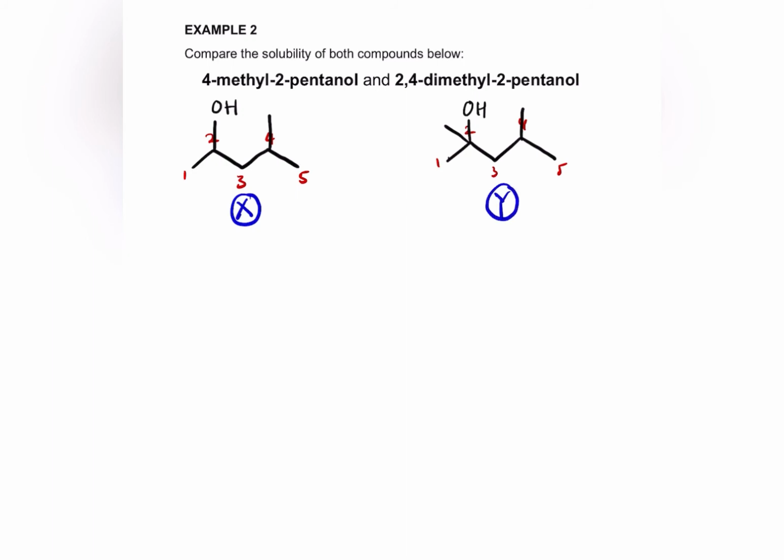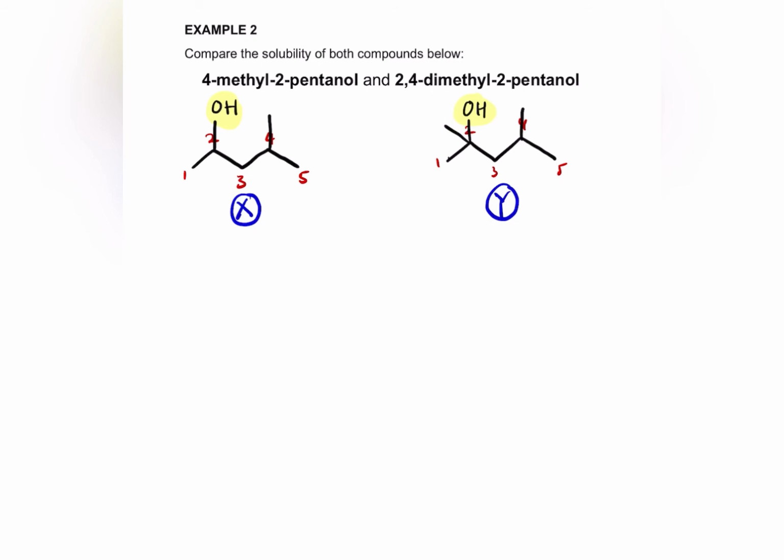Next one, the second step, you are going to calculate the number of hydroxyl groups in the structure. So you can see that both of them contain the same number of OH group, one of them. So this is for X, this is for Y. So can we use the first factor as our reasoning?